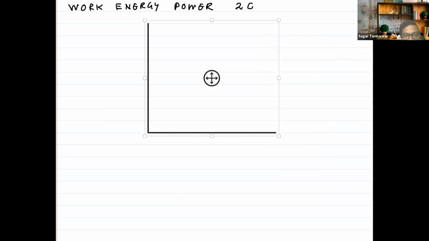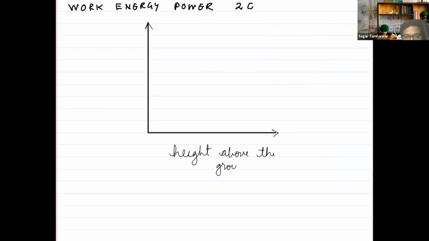I want you to draw this graph along with me. So this is height above the ground, and this is energy.